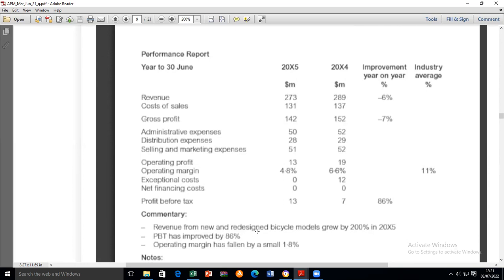Revenue from new and redesigned bicycle models grew by 200% in 20x5. Profit before tax has improved by 86. Operating profit margin has fallen by a small 1.8%.